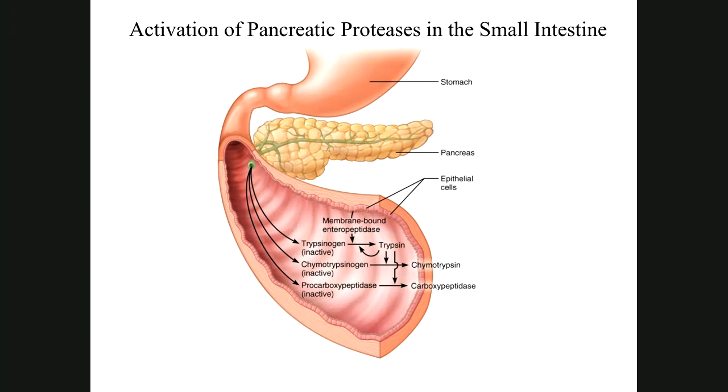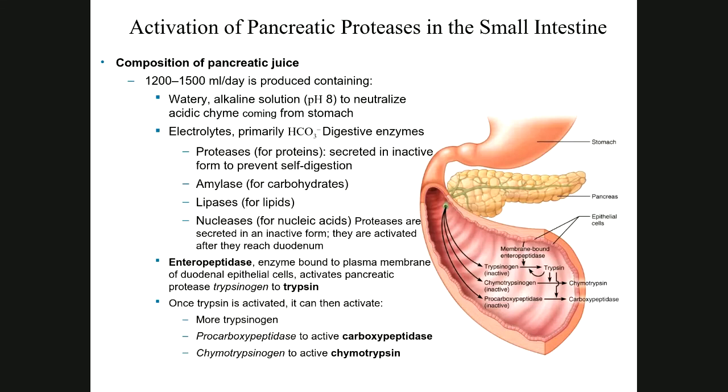Now let's look at the bile and the pancreatic secretion into the small intestine. Pancreatic juice is about 1,200 to 1,500 milliliters a day. It's watery, alkaline, the pH is around 8, because you have to neutralize the chyme coming from the stomach, right?